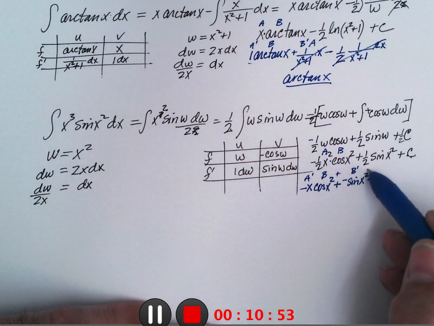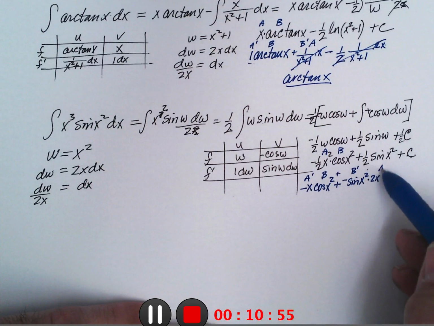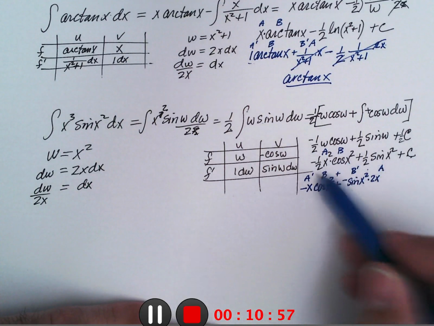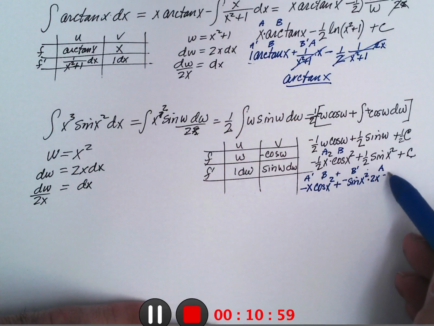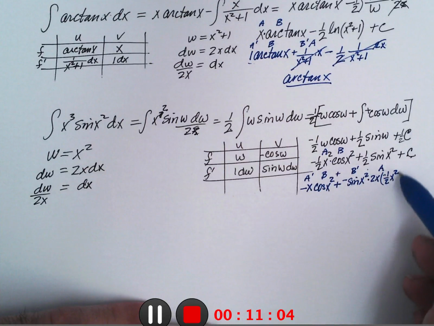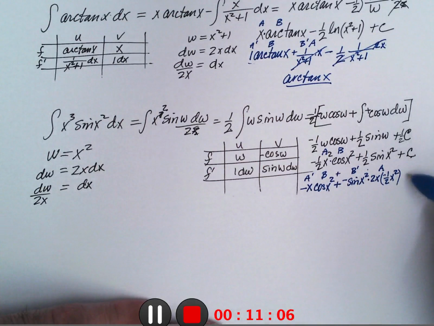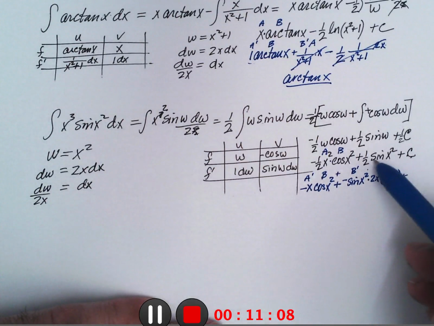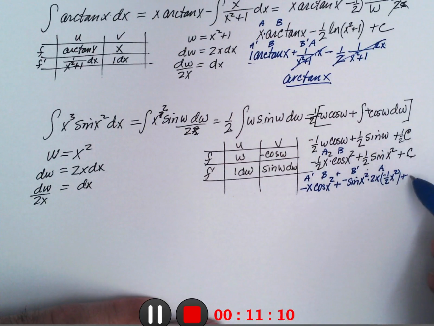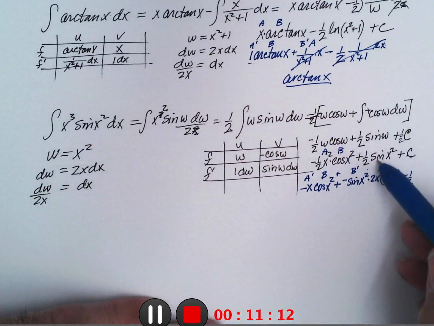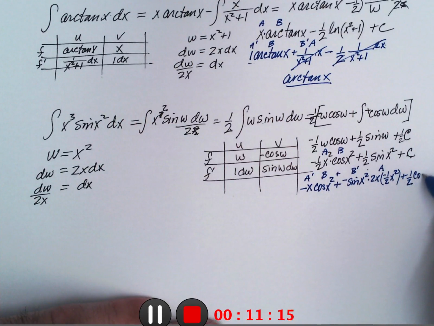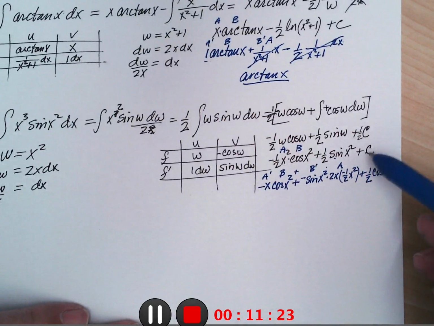And now I got to do a, and a would be minus 1/2 x squared plus 1/2. The derivative of sine is cosine of the x squared times the derivative of the inside, which is 2x. And then the derivative of c is gone.